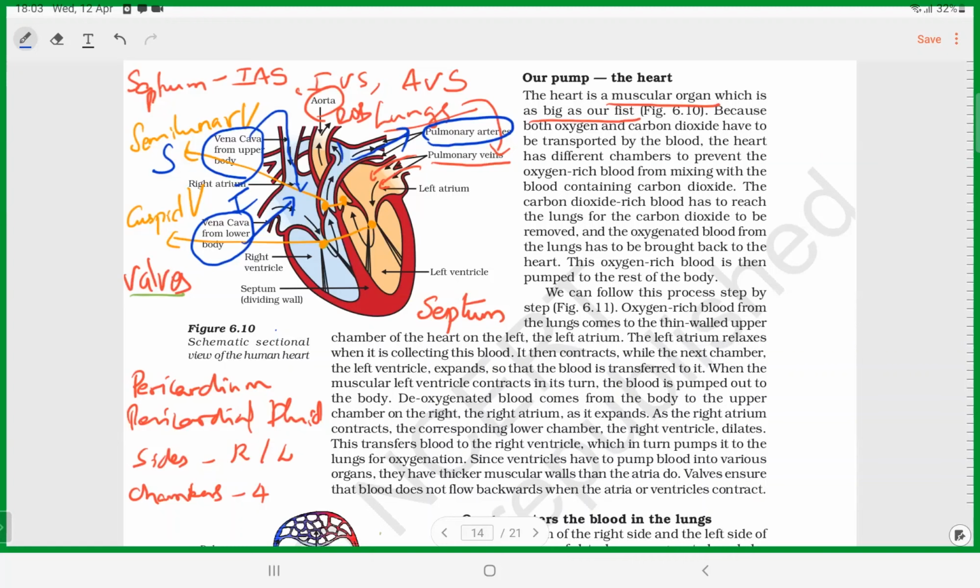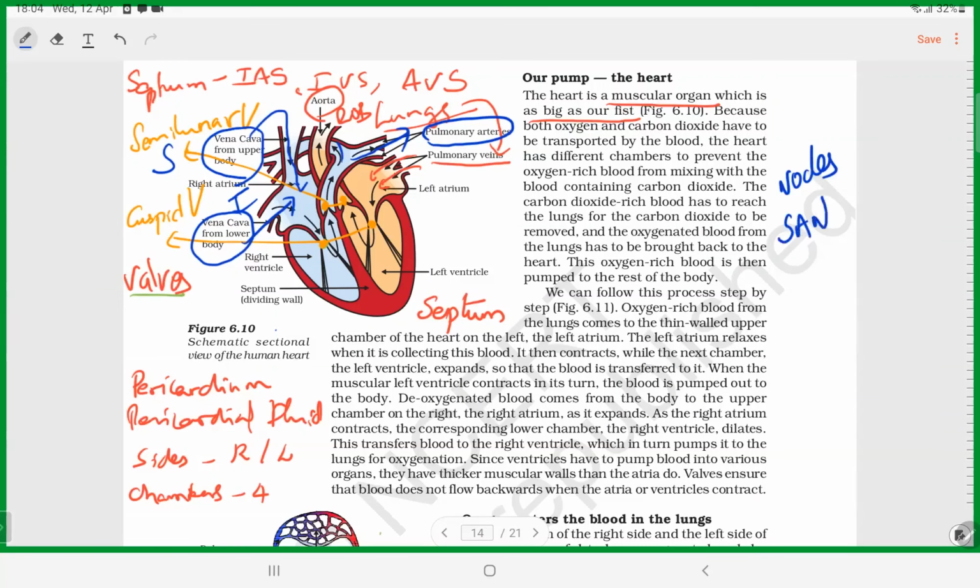So, the terms which we discussed, I'll be telling one by one. You should tell me what it is, and a few more things which I forgot to tell because it is anatomy. But on top, another thing we should know about is, we have two nodes. What are the nodes?